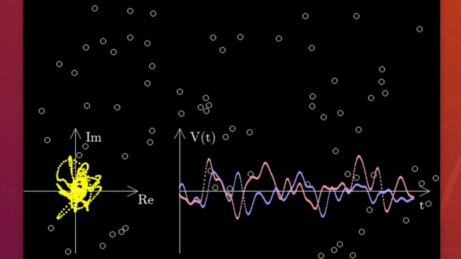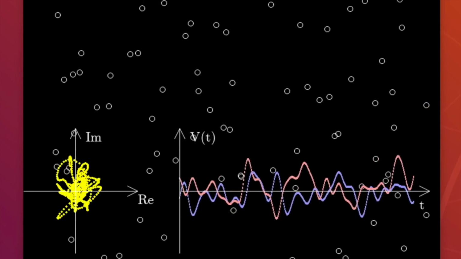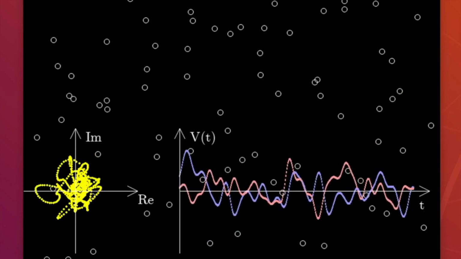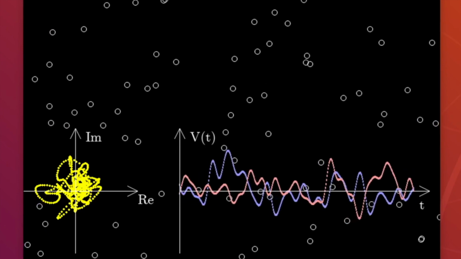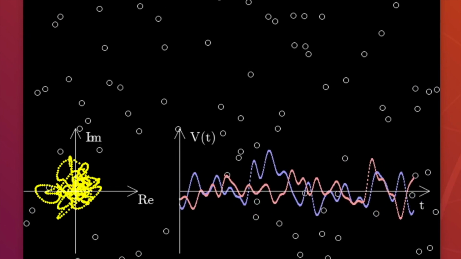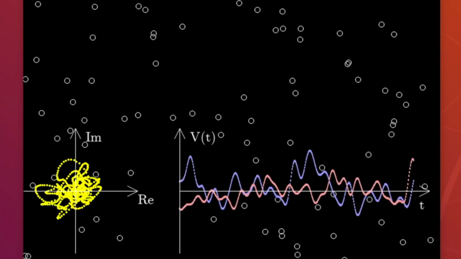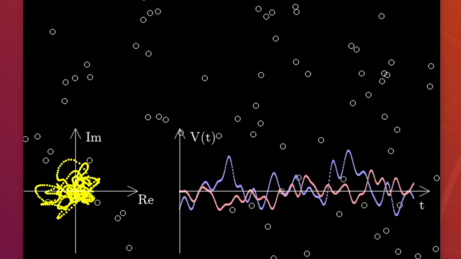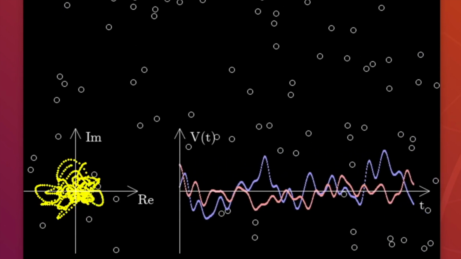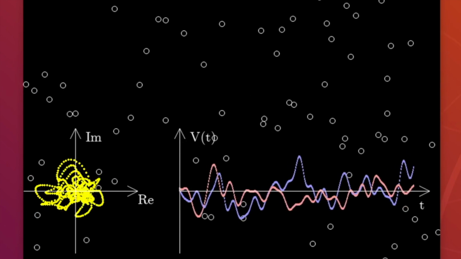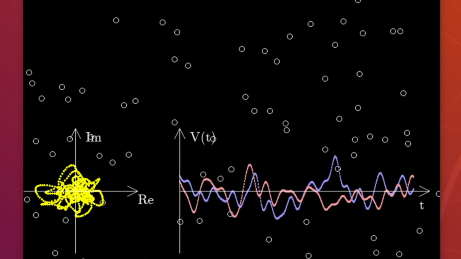The blue line indicates the real component and the red line indicates the imaginary component of the scattered voltage. On the lower left, I have plotted the same complex voltage on the complex plane. It is easy to see that the mean value of the scattered signal is 0, and the phase of the signal is uniformly distributed between 0 and 2 pi.